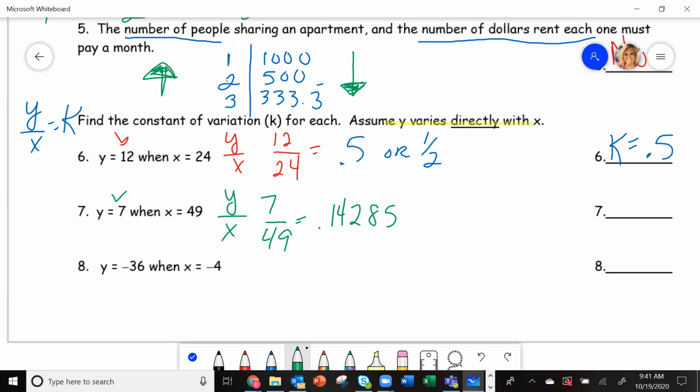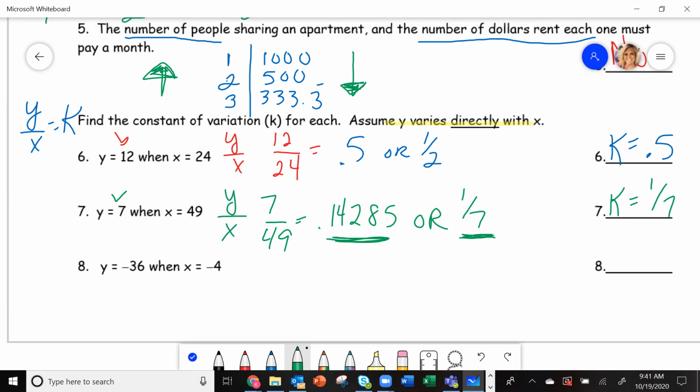But if I reduce this, that's the same as saying 1/7. It just depends on what calculators you have here at home, or if you're at school. But K equals 1/7. If this was your test question and you weren't able to get 1/7, you could go through the answer choices and take 1 divided by 7, and see which one would give you the same decimal. We can look at that when we have a review.